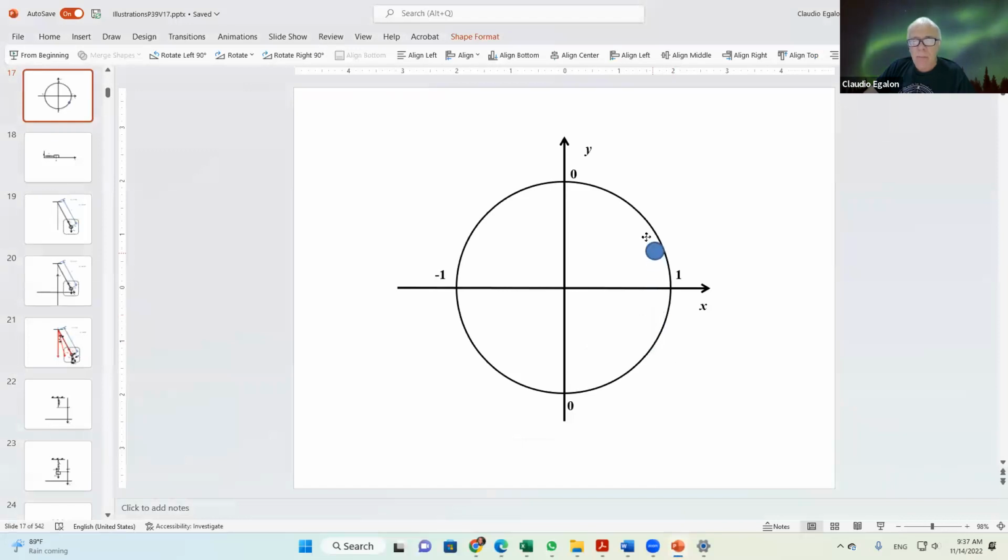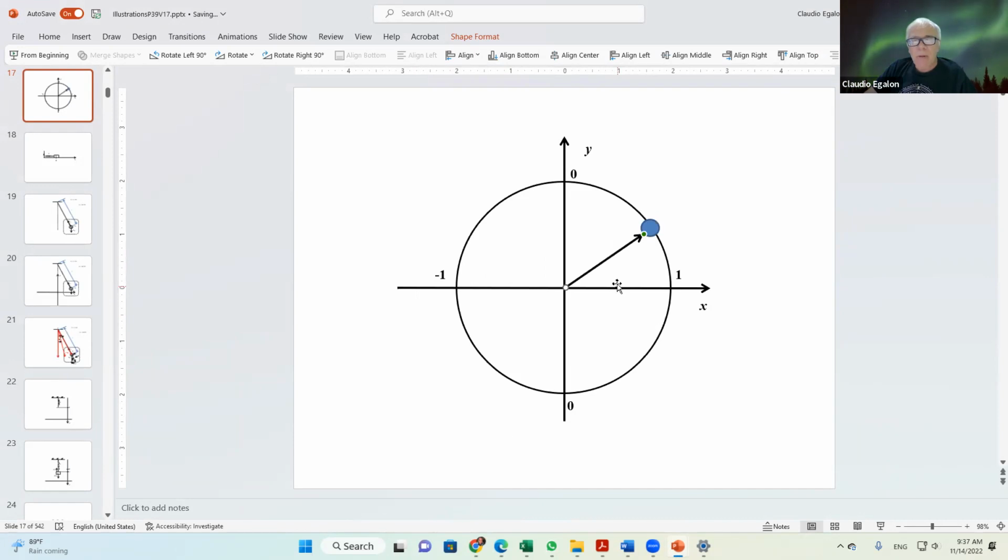So here you go, I'm gonna put this particle right in here. And on top of that, I'm gonna come up with the position vector of this particle. Remember we did that before.